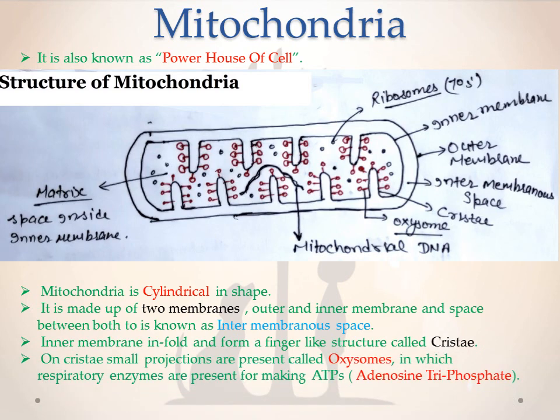On cristae, small projections called oxysomes are present, in which respiratory enzymes are present that help in the making of ATP, that is adenosine triphosphate, the energy currency of our body. Mitochondria can also divide to form many copies by the process of fission.